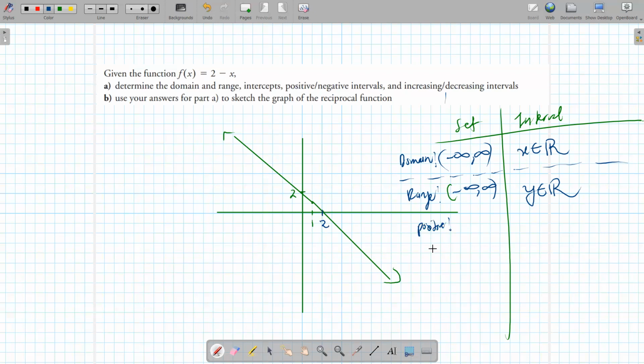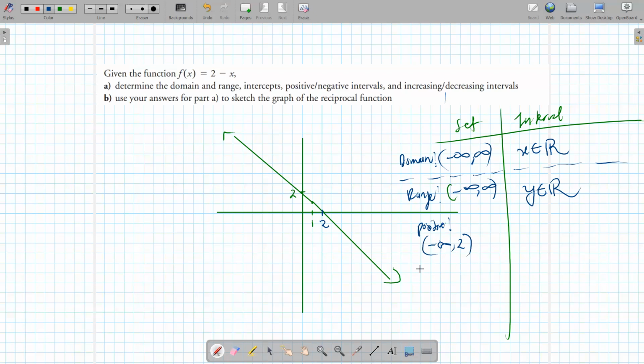So the function is positive from negative infinity to 2. Is 2 inclusive? No, because at exactly 2 the y value is 0. Is 0 a positive or a negative number? It's neither.